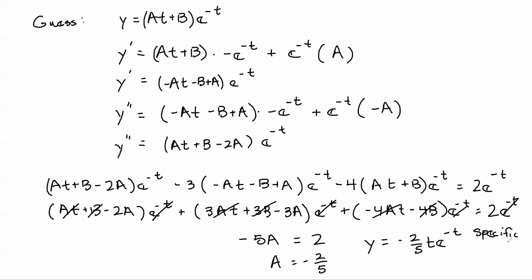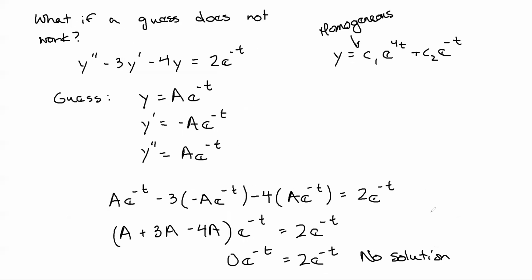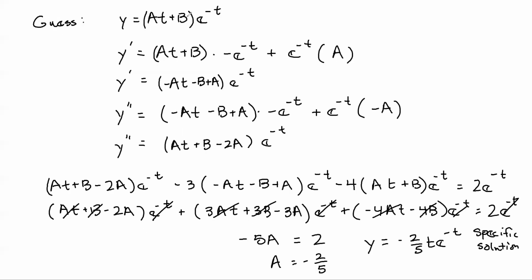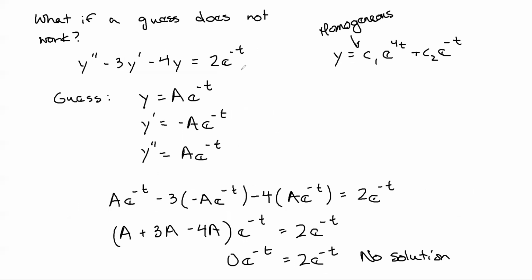So that's what you do if the solution doesn't work. You can go from a constant multiple, a, and step up to a linear multiple. And then the general solution to this non-homogeneous differential equation would be to combine the homogeneous solution with what we just found.